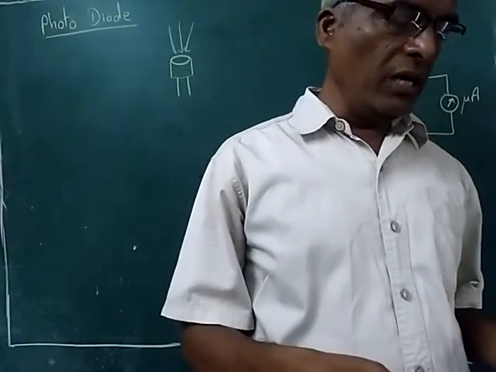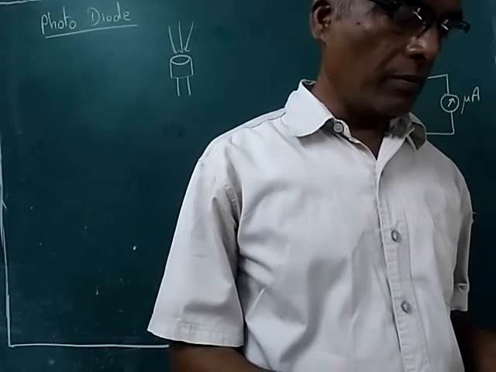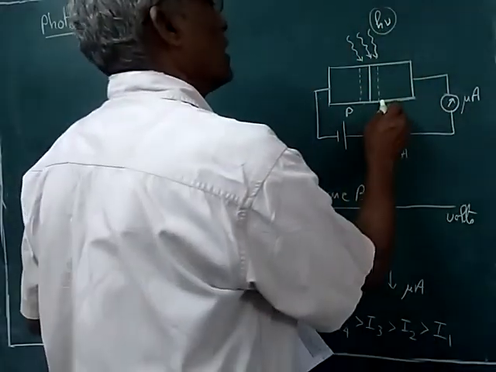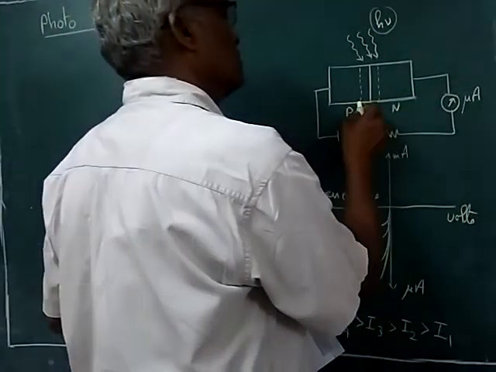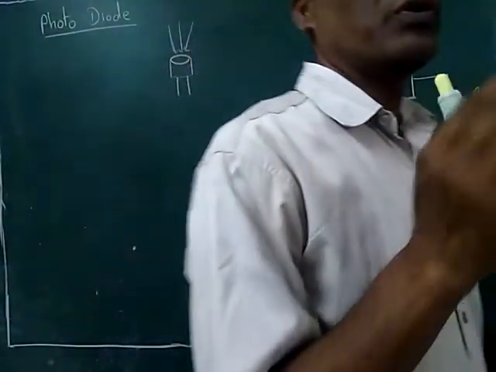Due to electric field of the junction, electrons and holes are separated before they recombine. That means the electrons move away from the junction, the holes move away from the junction initially before they recombine.